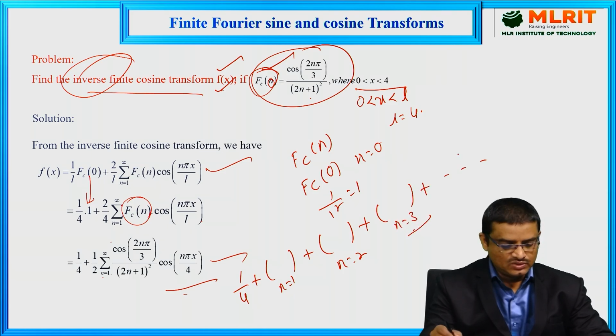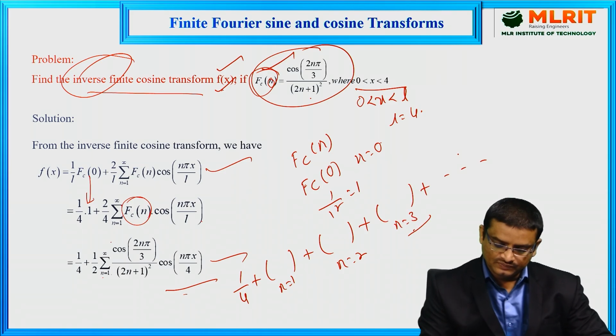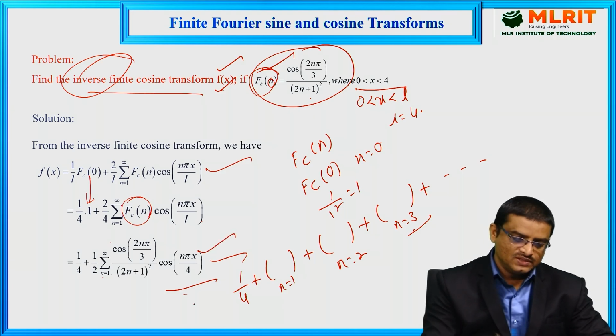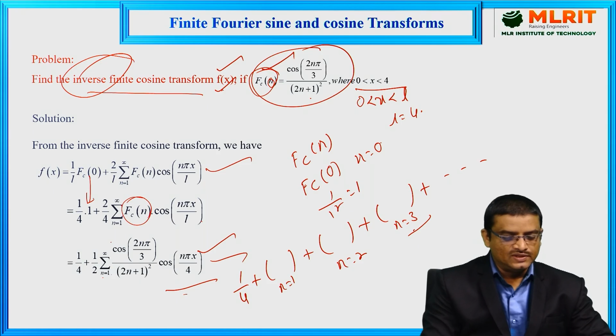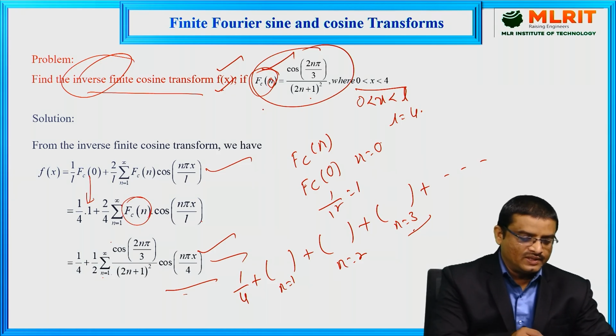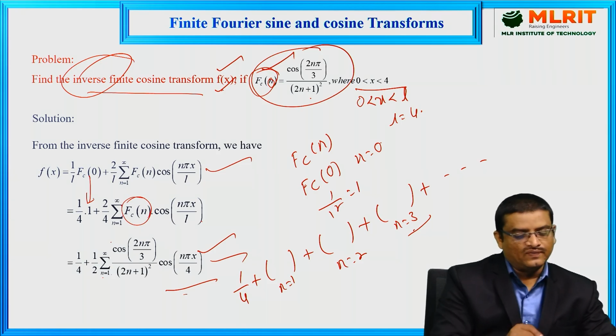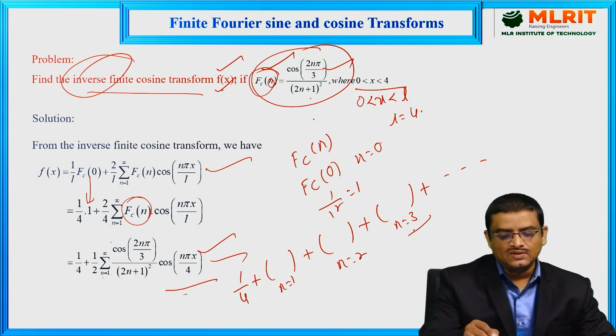Like this you can go up to infinity. So this is our f(x) value which is suitable whenever we apply the finite Fourier cosine transform.